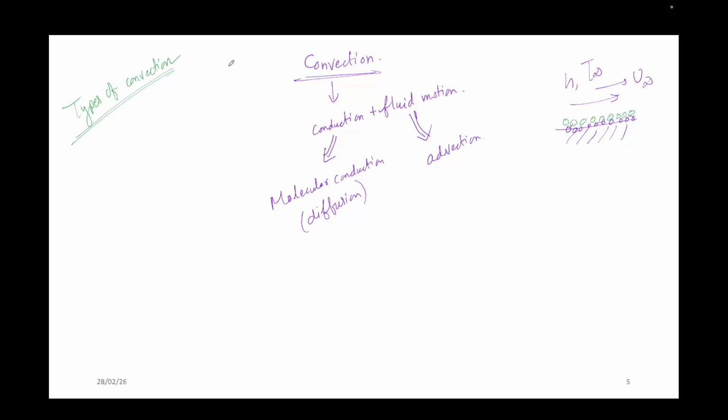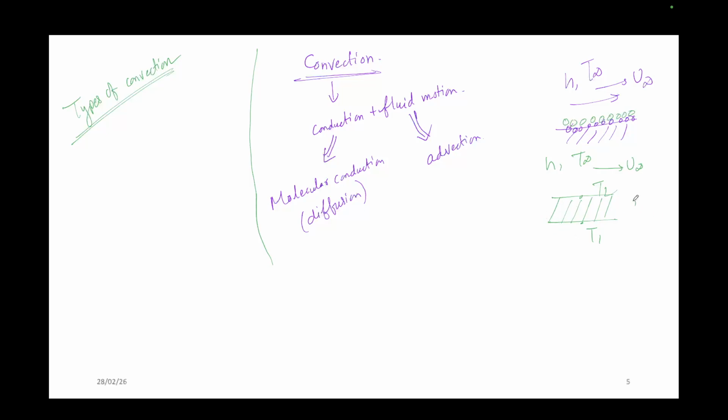Okay, so before starting into these types of convection, see, if this is a solid block, and you know the temperature difference T1, T2, and there is flow with U, T infinity, and H. There is no other heat loss, no heat generation.